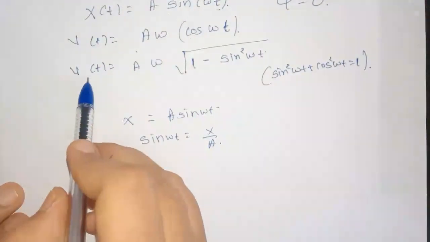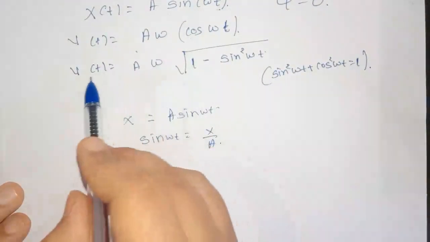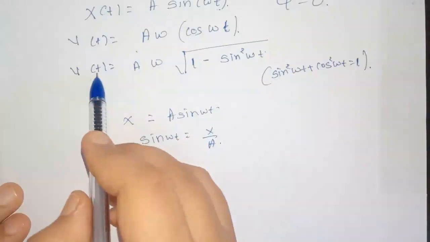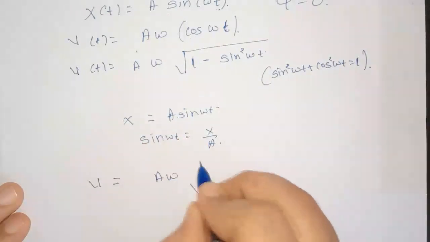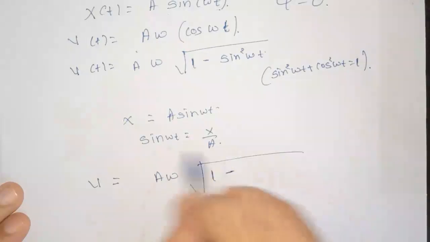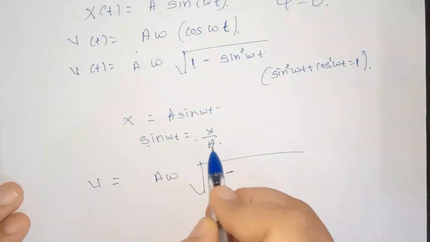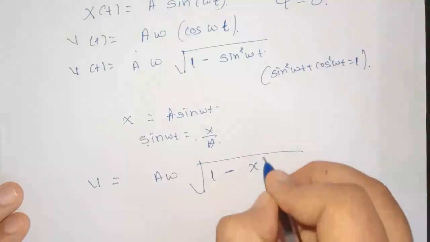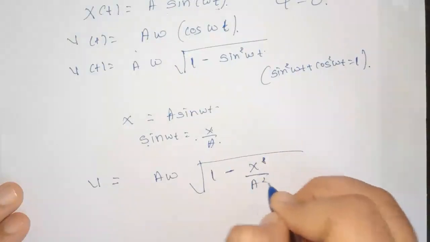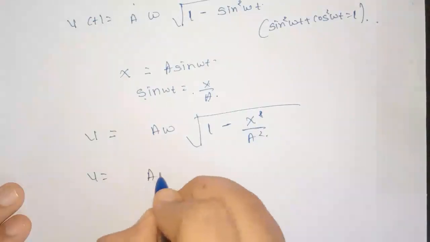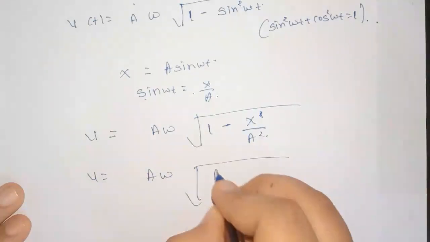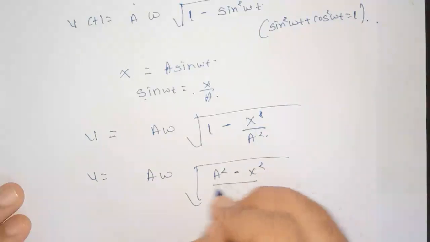So, now we are going to represent this velocity not as a function of time. So, we will write v instead of v of t equals A omega under root 1 minus sin square omega t, and sin omega t can be written as x by A. So, sin square omega t will be x square upon A square. So, v equals A omega under root A square minus x square divided by A square.